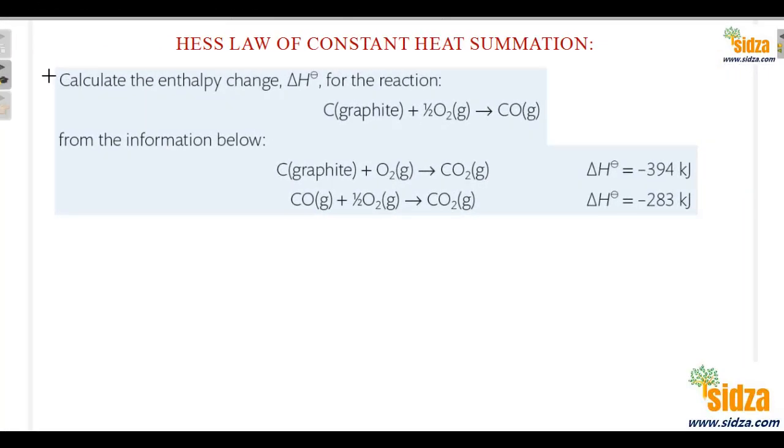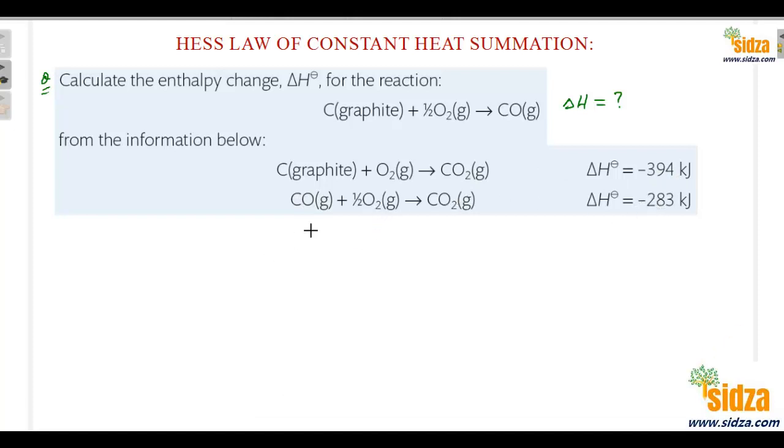Let's take one more example here. We have to calculate the enthalpy change for the reaction when graphite is converted to carbon monoxide. If graphite is converted to carbon dioxide, the heat change is this much, and carbon monoxide to carbon dioxide, the heat change is this much.